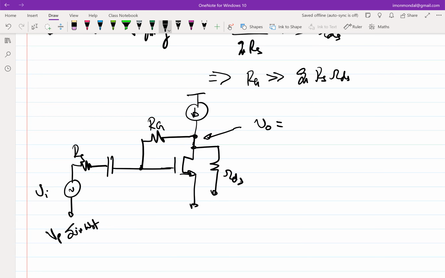What is the expected output, expected gain? Minus GMRDS, right? So this expected gain is minus GMRDS times Vi is the incremental V0. So now how should I approach this to find out the swing limits?